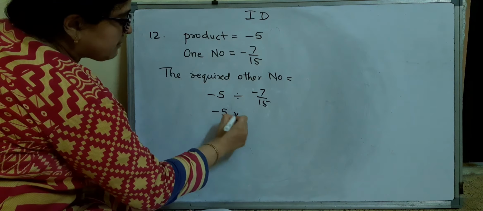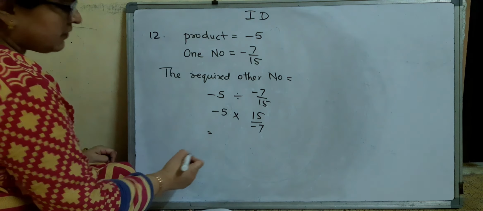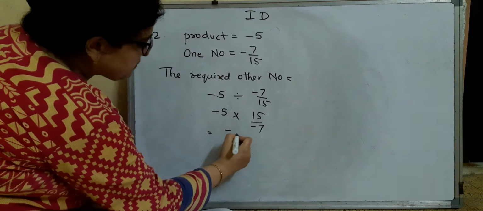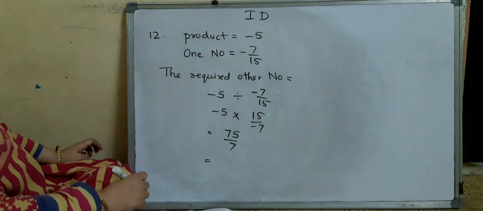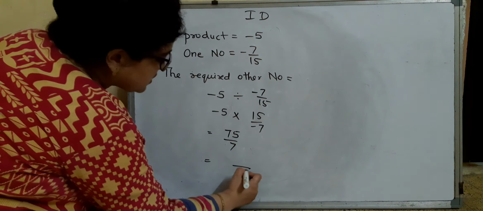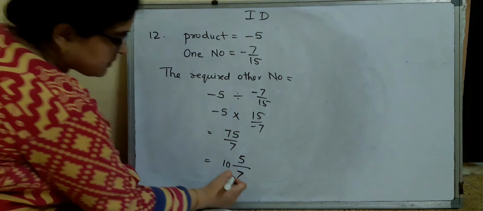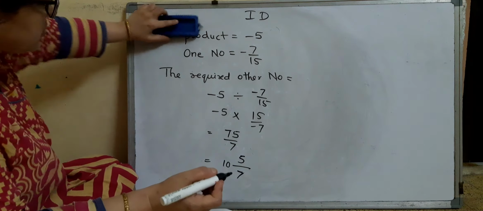So -5 multiplied by 15/7, then 15 5s are 75. So minus times minus is plus, 75/7. Now it is an improper fraction, so convert to mixed: 10 7s are 70 plus 5 is the answer. Now 12th completed. Now 13th sum.